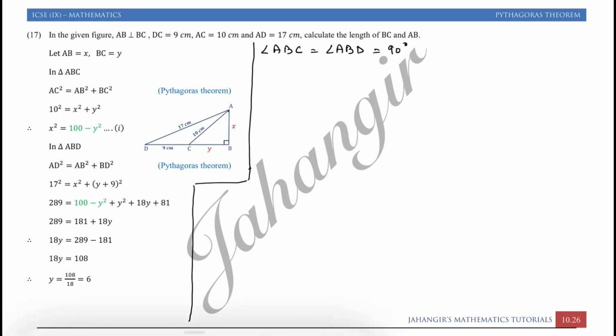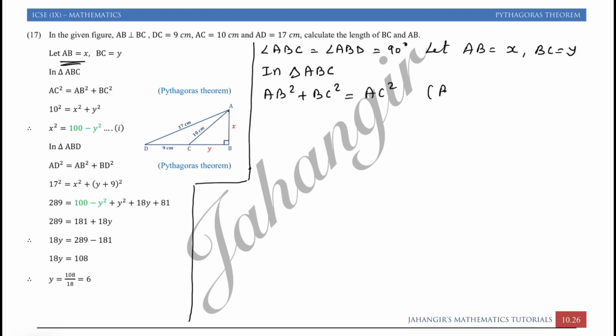We have to find the value of BC and AB. So let AB be equal to X and BC be equal to Y. So by Pythagoras theorem, first taking triangle ABC, AB square plus BC square is equal to AC square. That is Pythagoras theorem.